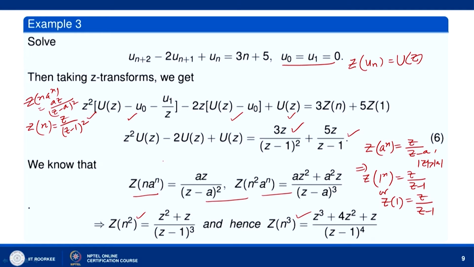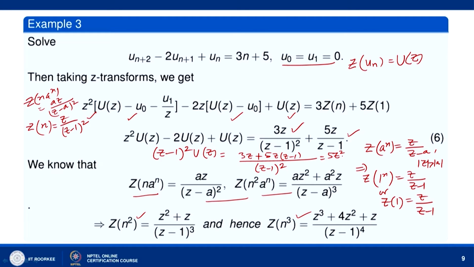So this is z minus 1 whole square. So the left side is z minus 1 whole square into u z, and on the right side we have 3 z plus 5 z into z minus 1.